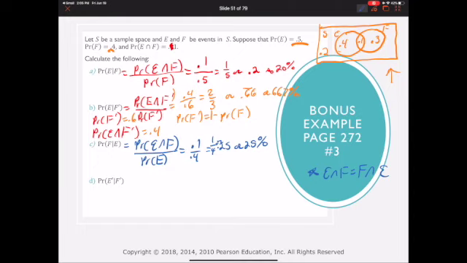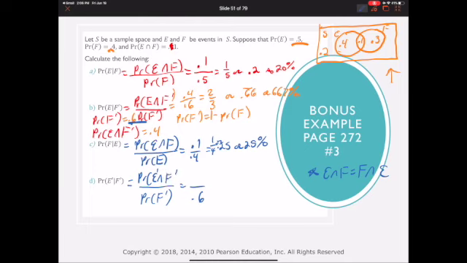What's the probability of E complement given F complement? The first thing I need to figure out is the probability of F complement, which we already figured out. It's 0.6. But what I need to figure out is the probability of E complement intersect F complement.